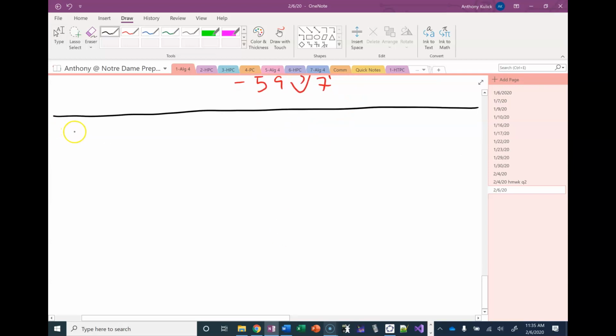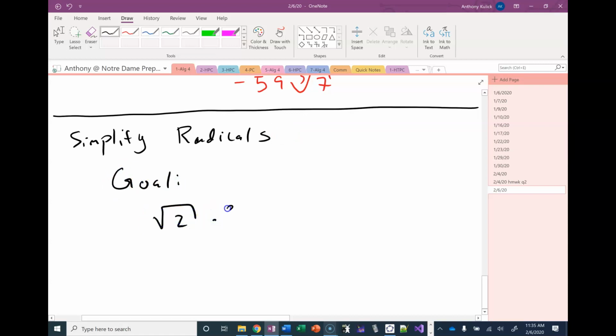Today we're going to continue talking about simplifying radical expressions. This is our 3rd lecture on this. And our goal today is going to be dealing with things like this.